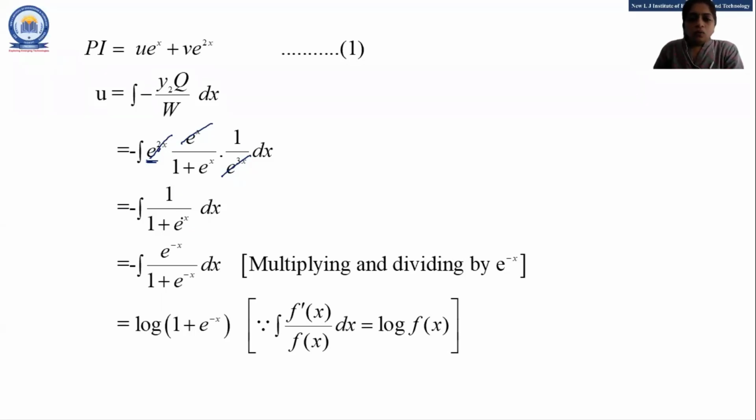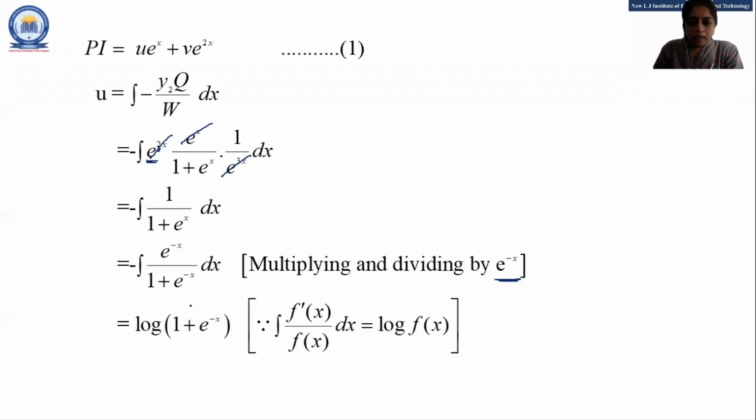Now, how do we find the integration of this term? For this, we multiply and divide by e raised to minus x in the numerator and denominator. So our numerator is e raised to minus x, and in the denominator, e raised to minus x into 1 is e raised to minus x, and e raised to x into e raised to minus x converts into 1.